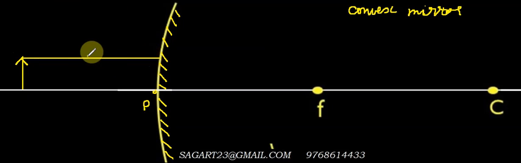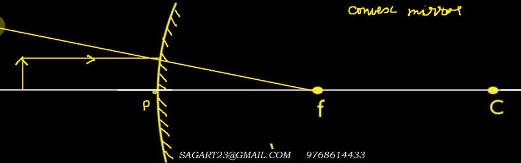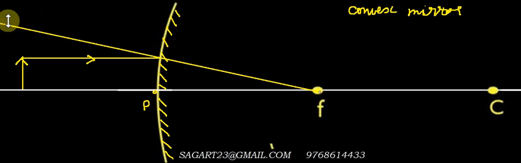This ray is traveling parallel to the principal axis, and we know that on reflection the ray will pass this way. We have to make sure that this is a dotted ray. This is the reflected ray.